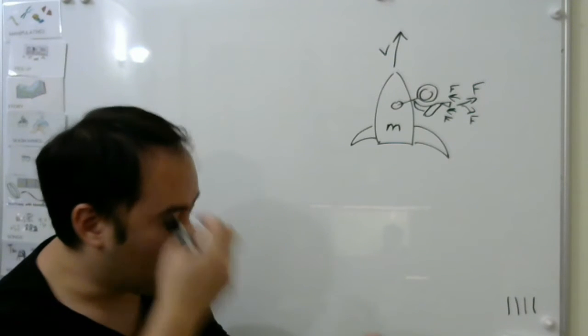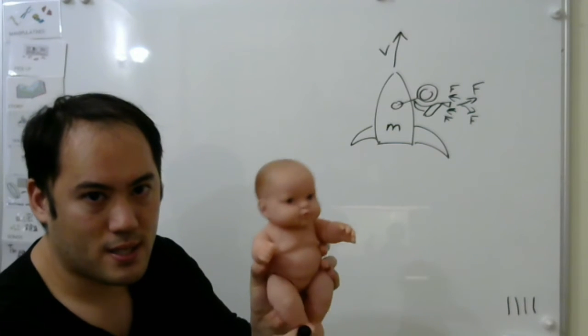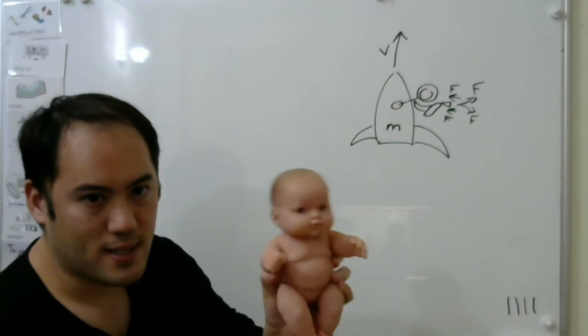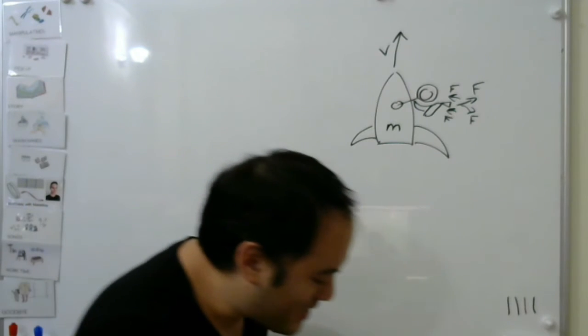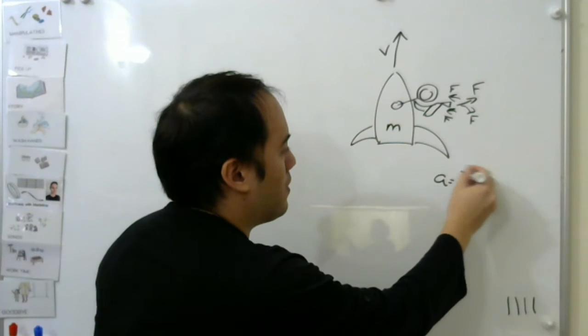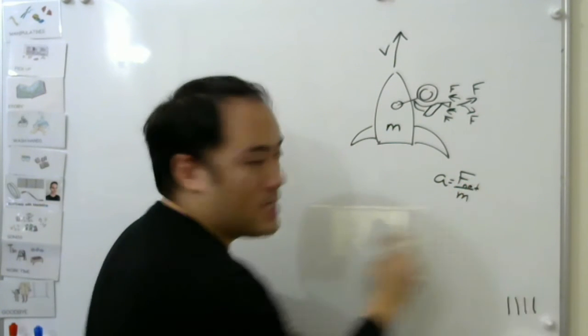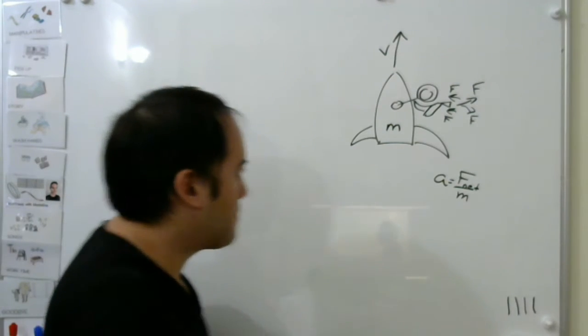What happens when there's a force on a spaceship? Hazel? That force divided by the mass causes the acceleration. Yes, excellent. Good job. Everyone knows acceleration equals force over mass, as long as it's the net force, which it is in this case because we're in deep space.